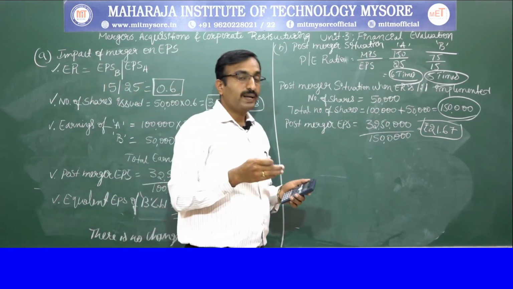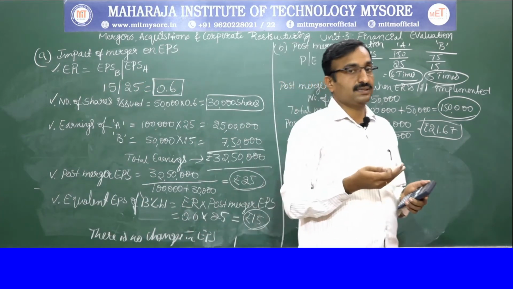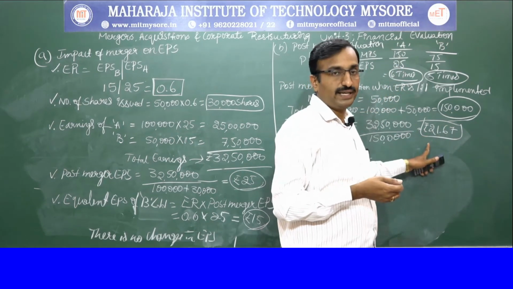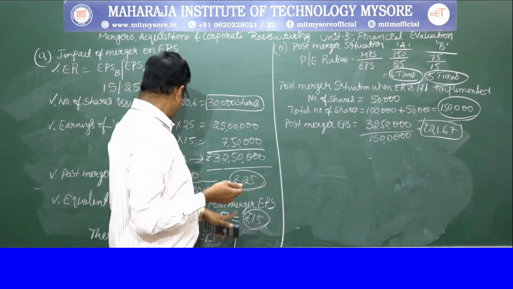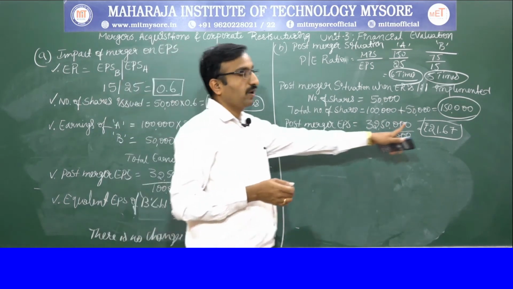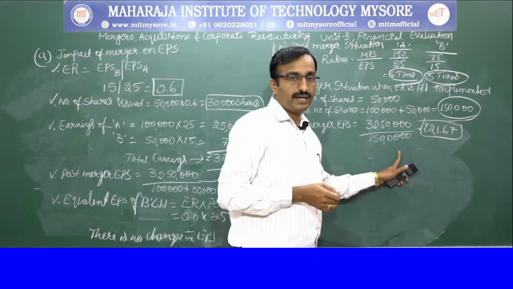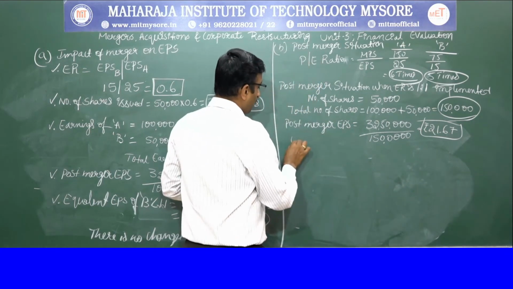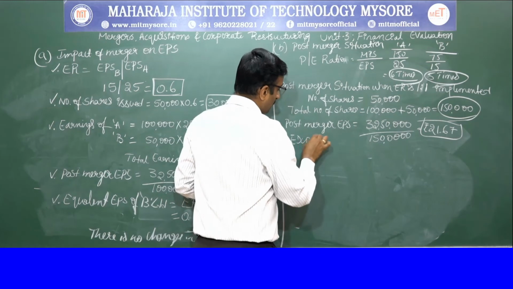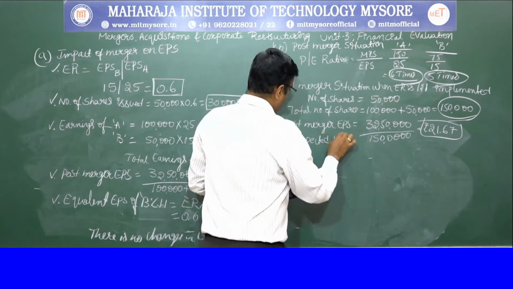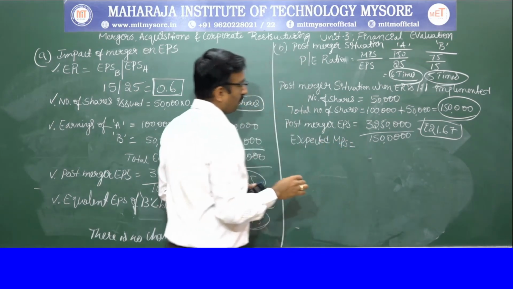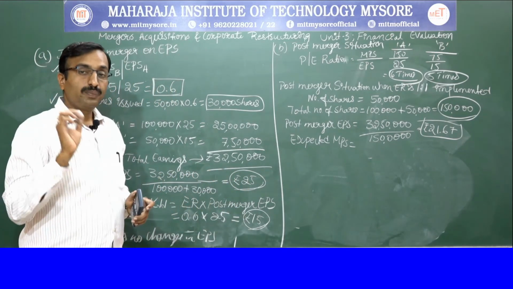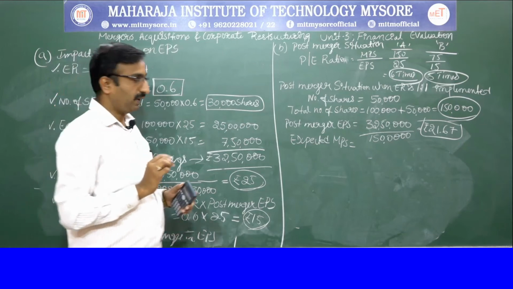Then what is the expected MPS when the post-merger EPS has changed from 25 to 21.67 based on the number of shares? Expected MPS is EPS into the P/E ratio of the buyer company.